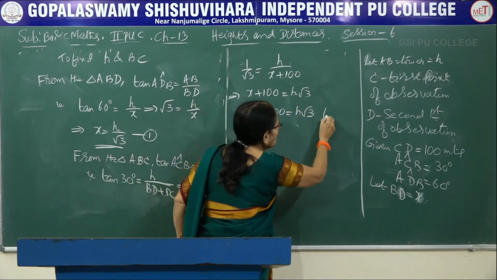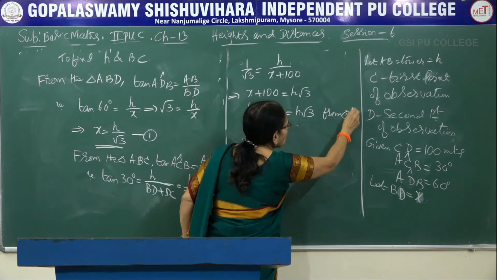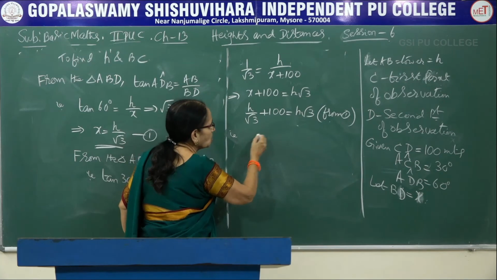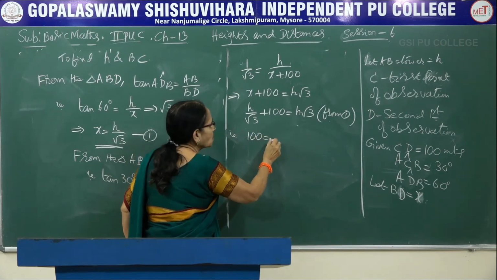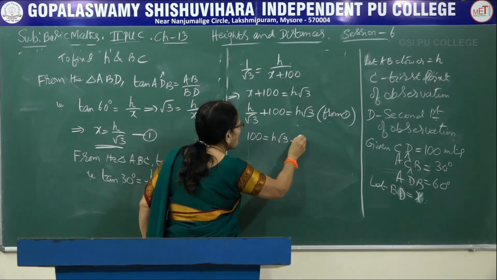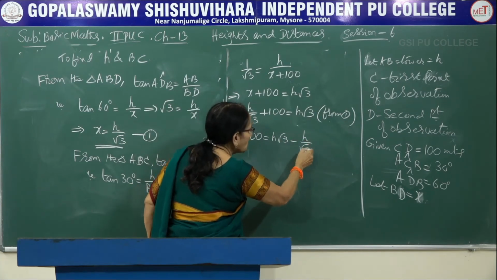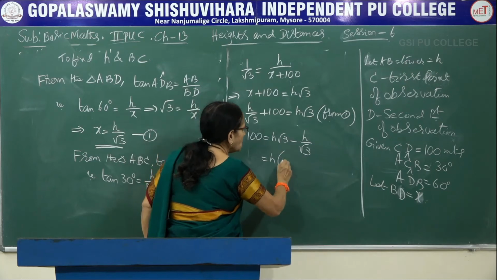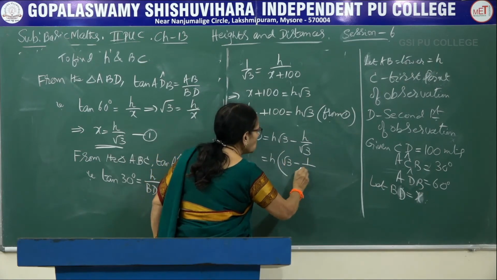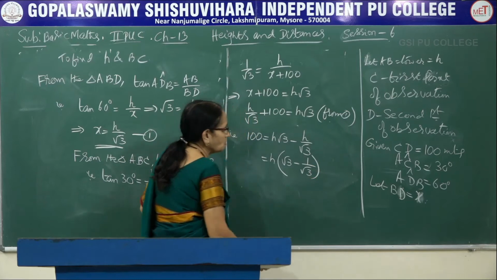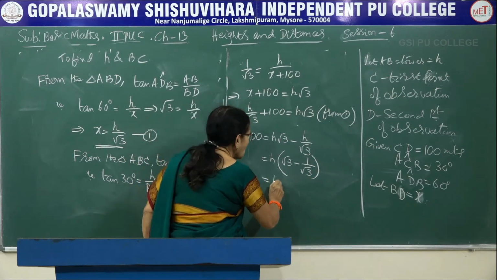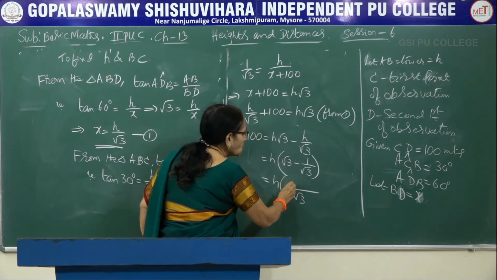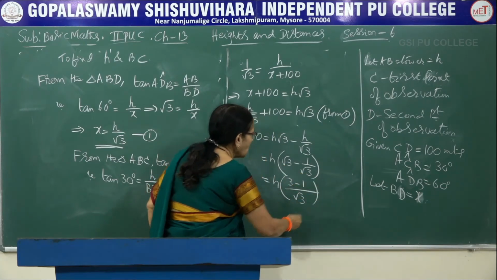Now, take both the terms containing h on one side: 100 equals h root 3 minus h by root 3. Now, take out the common factor h, and what is remaining? Root 3 minus 1 by root 3. Take the LCM inside the bracket, which is root 3. So, root 3 into root 3 is 3, minus 1.